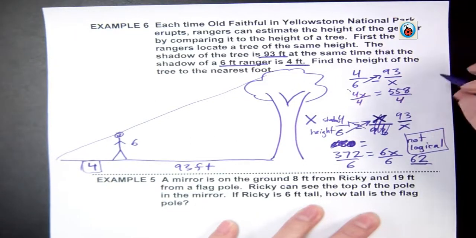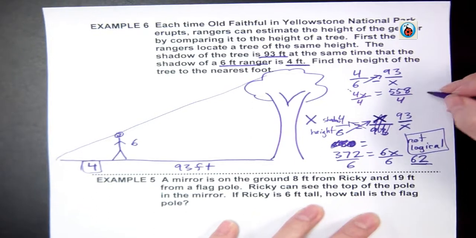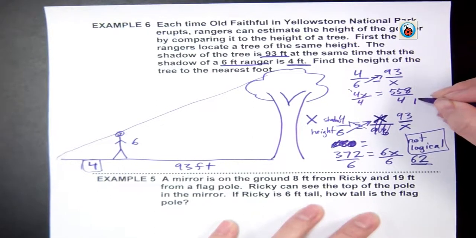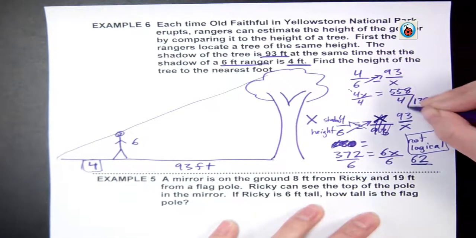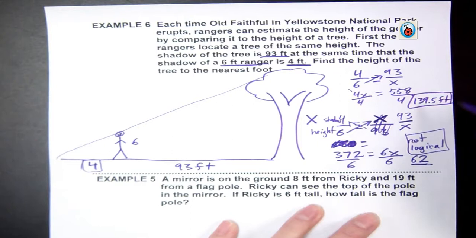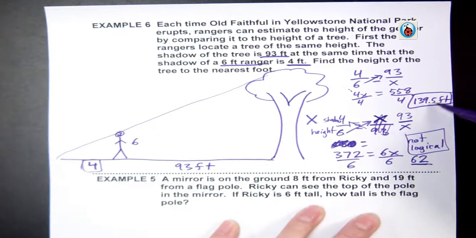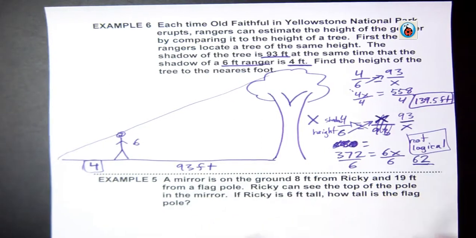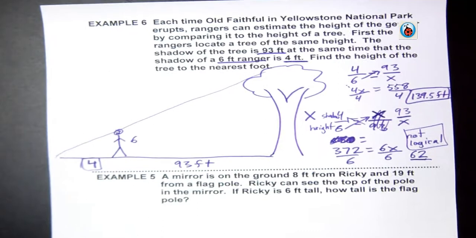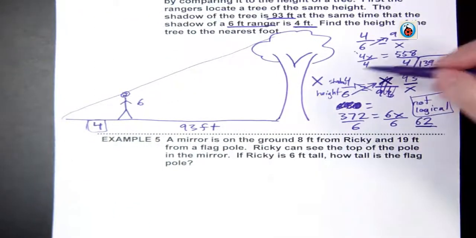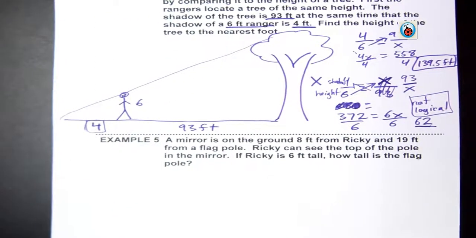I divide by 4 and get 139.5 feet. And I check that is a logical answer. That's a bigger number than 93. It looks about proportional. 4 over 6 equals 139.5 over 93. And so this is just to make sure you double check those things, especially when we're on the word problems.